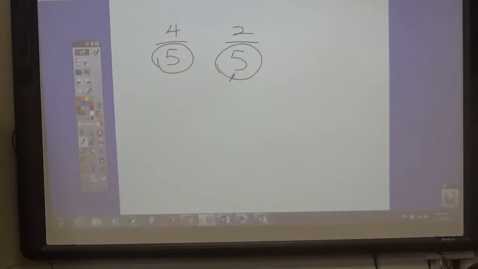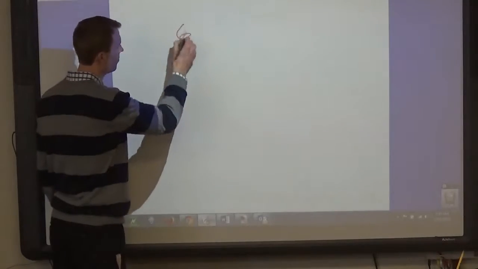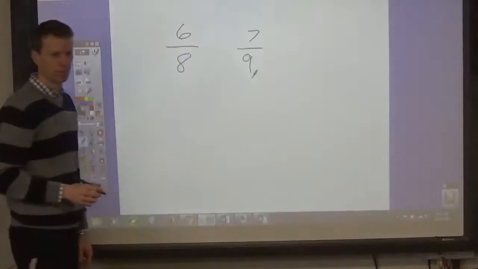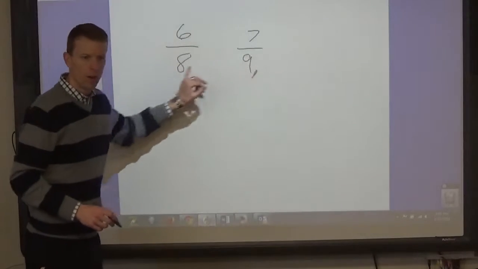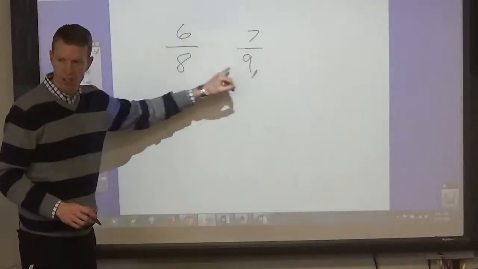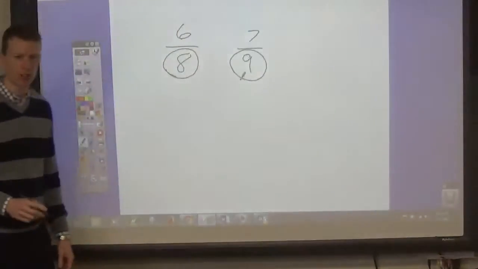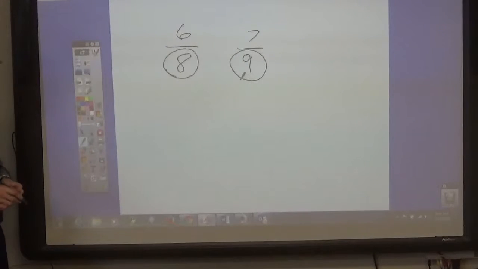Now, if the numbers are different, like 6/8 and 7/9, now you have to rename these fractions. You have to look at the denominators and convert these to equal fractions in order to compare the value of them.